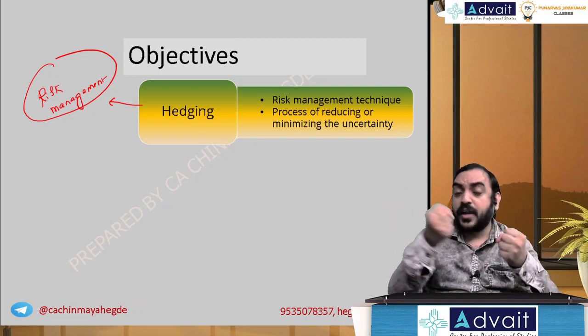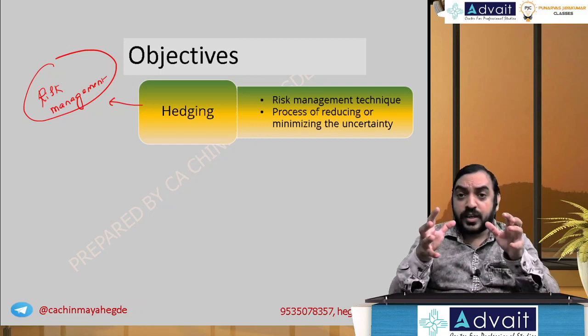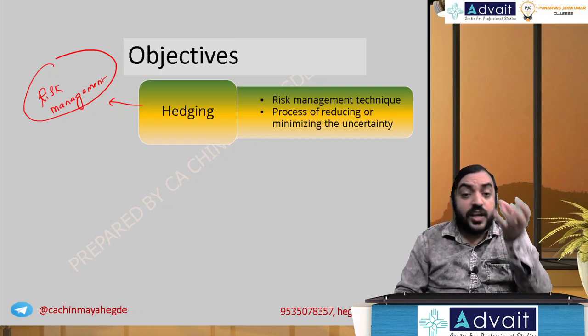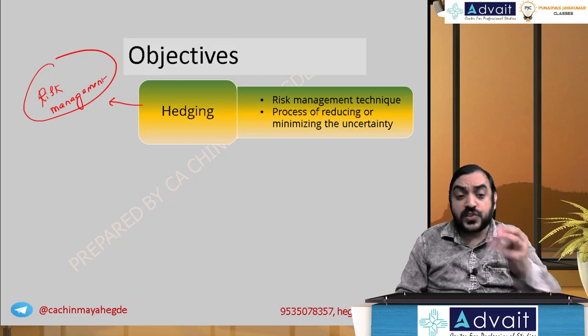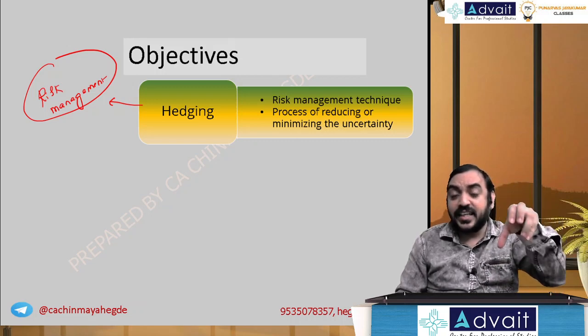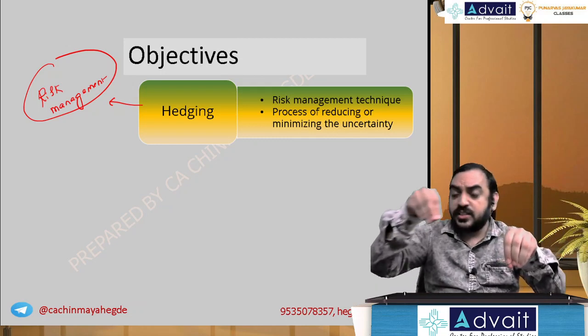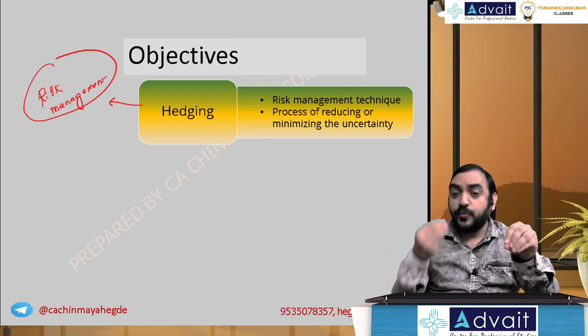So this loss will be covered by some profits. So this process of having two positions: you have an existing situation creating a loss or creating uncertainty, and to manage that uncertainty, we create one more instrument.